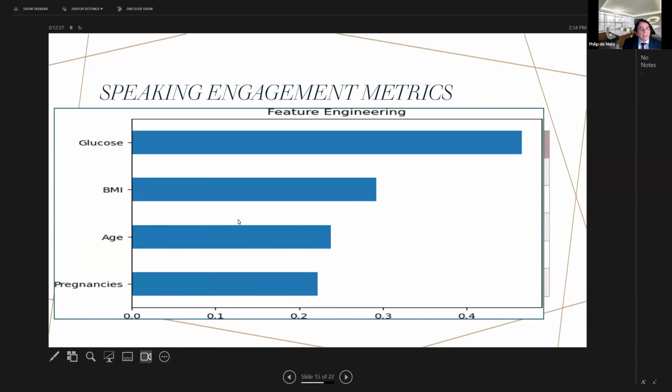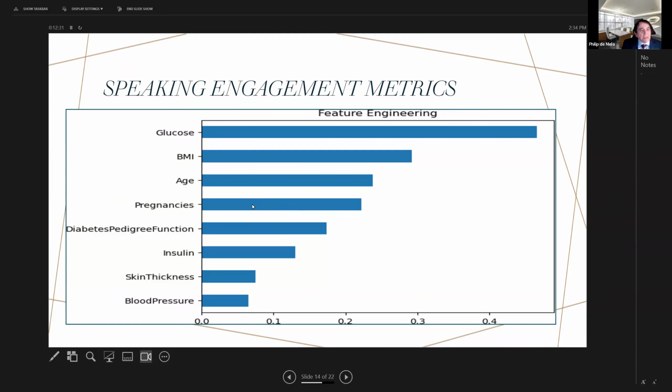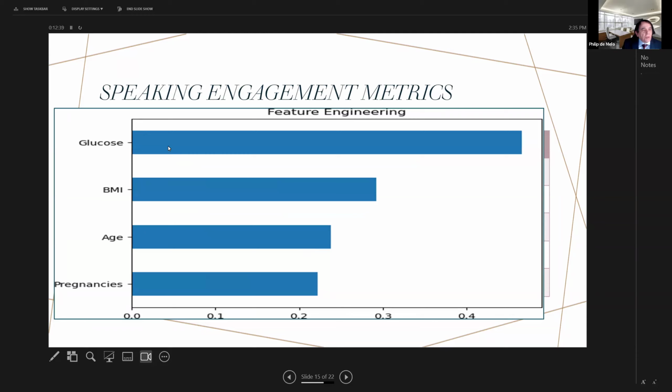So if we eliminate features with cross-correlation coefficient less than 0.2, then you have only 4 features that play a major role. But as I said, when we have 8 features, I do not recommend you do anything.